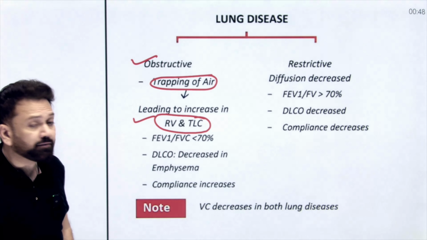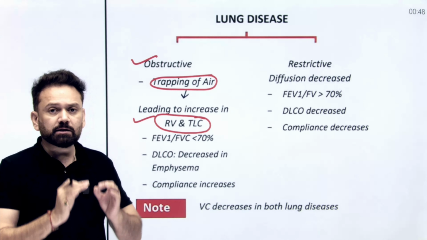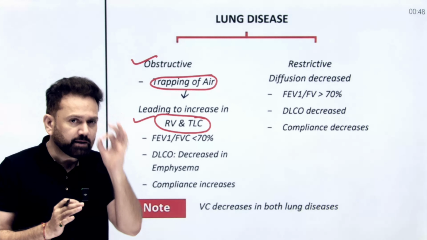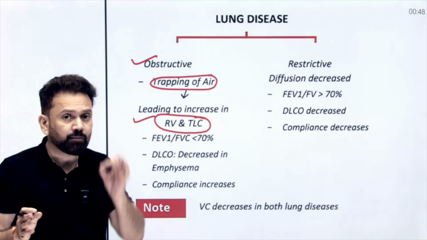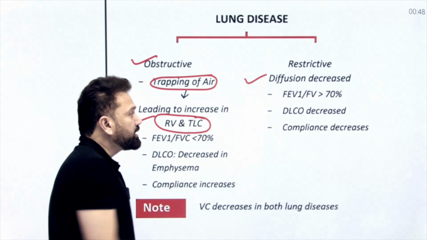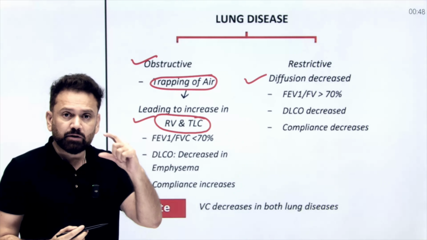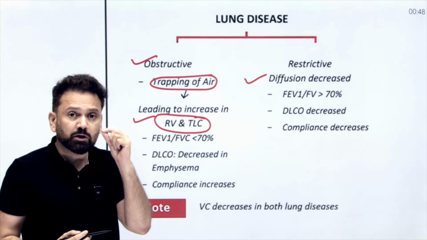On the other hand, whenever they say restrictive lung disease, one thing should come to your mind immediately. If it is parenchymal, I'm not talking about extraparenchymal, definitely the first feature will be that diffusion will decrease. Because of fibrosis, the thickness will increase, and rate of diffusion is inversely proportional to the thickness.